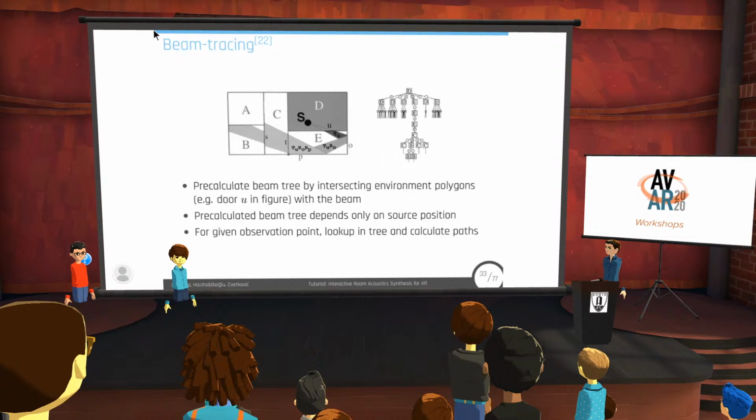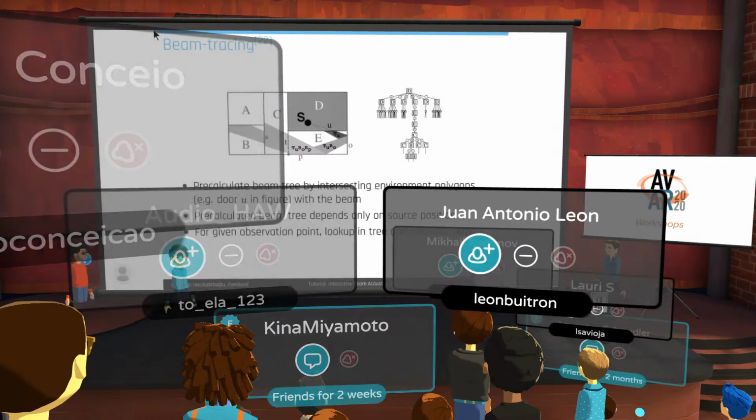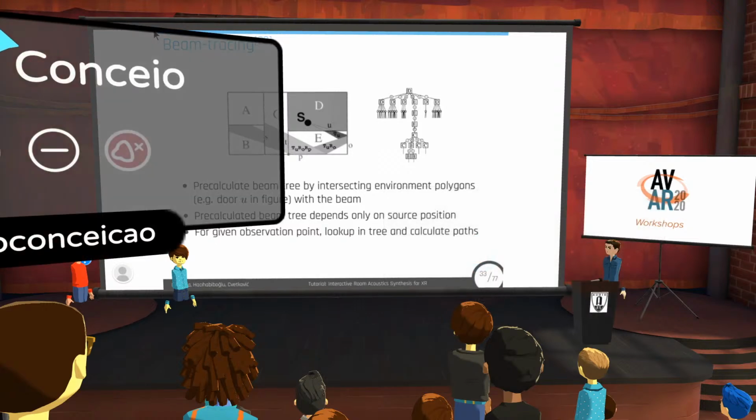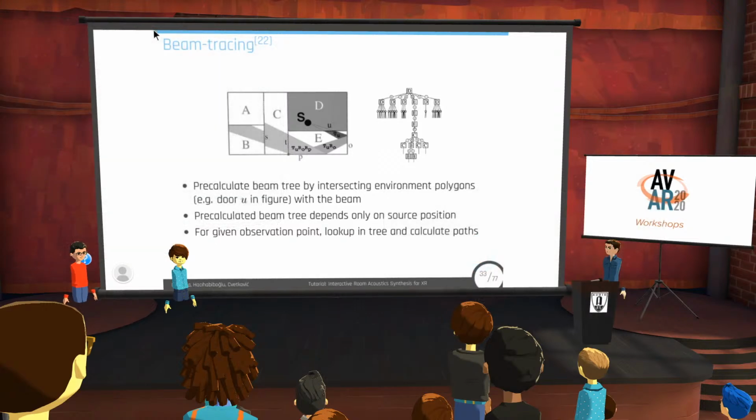In beam tracing, instead of casting rays in the space, you cast beams, as you can see in the figure on the left. In this case, we have a maze of rooms seen from above. Whenever we have a certain aperture, like a door, for instance, these beams can pass through that aperture, and then they get reflected in the specific room or across rooms.